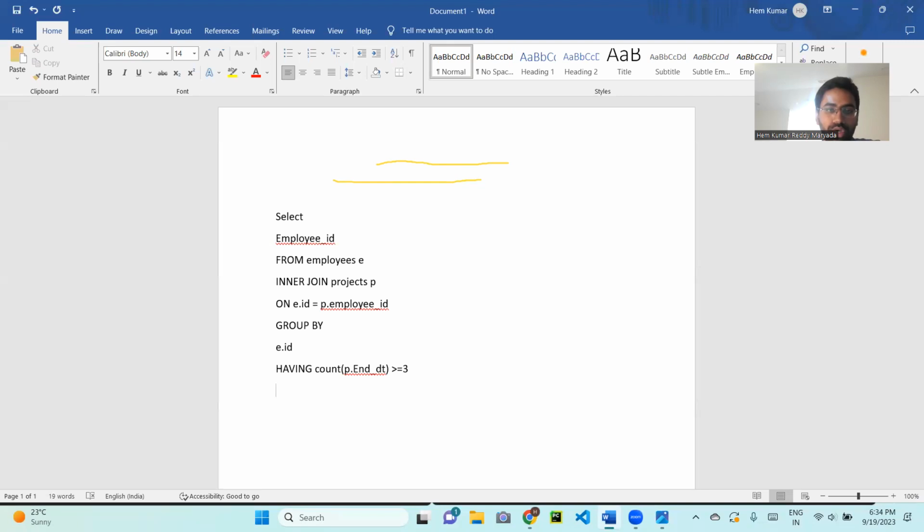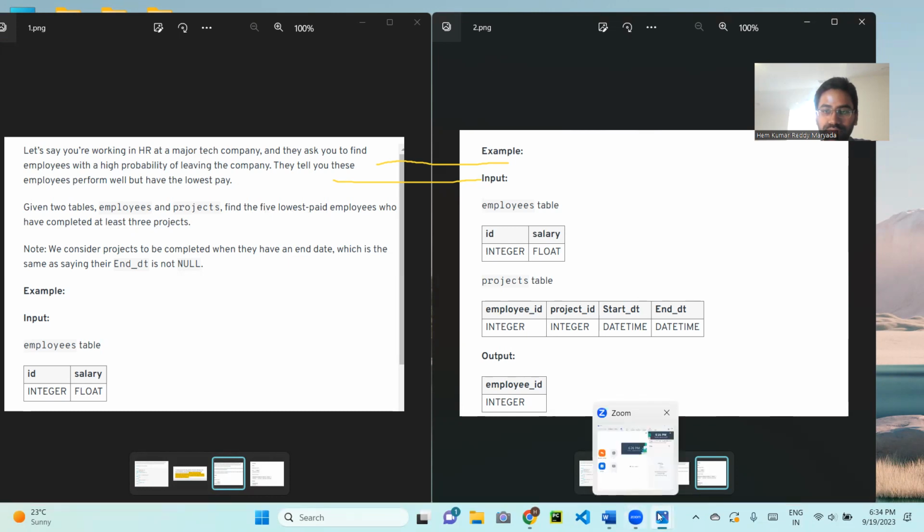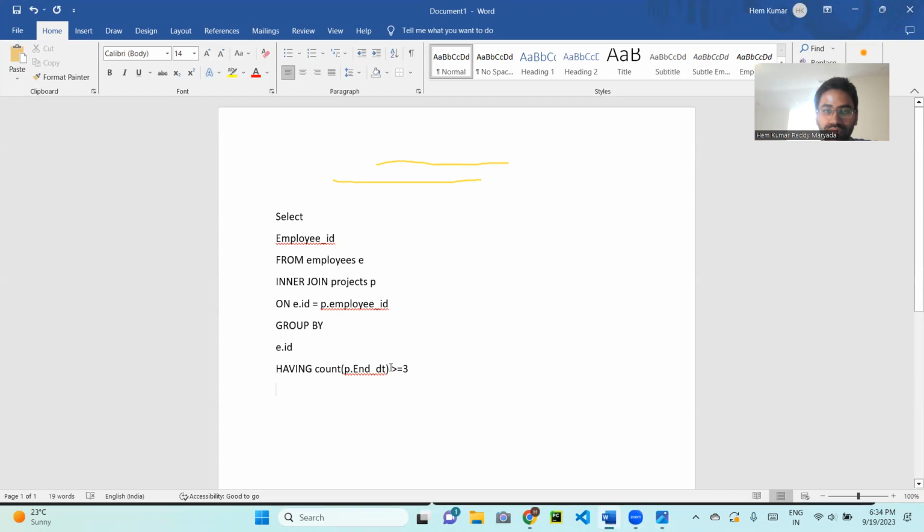Order by. Let me try to explain this one. Who have completed at least three or more than three. Find the five lowest paid employees who have completed at least three projects. So project ID, completed depends on end date.